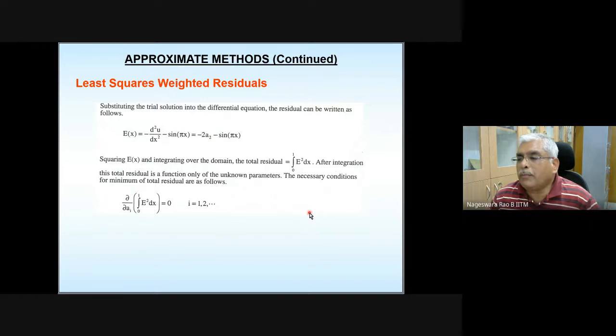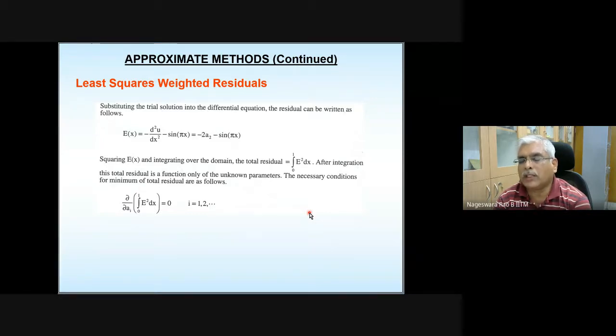So I need to minimize this total residual. I need to find this unknown coefficient in such a way that the total residual is minimized. How do you express that mathematically? Suppose you have a function f of x, and what value of x makes this function minimum? How do you find that?